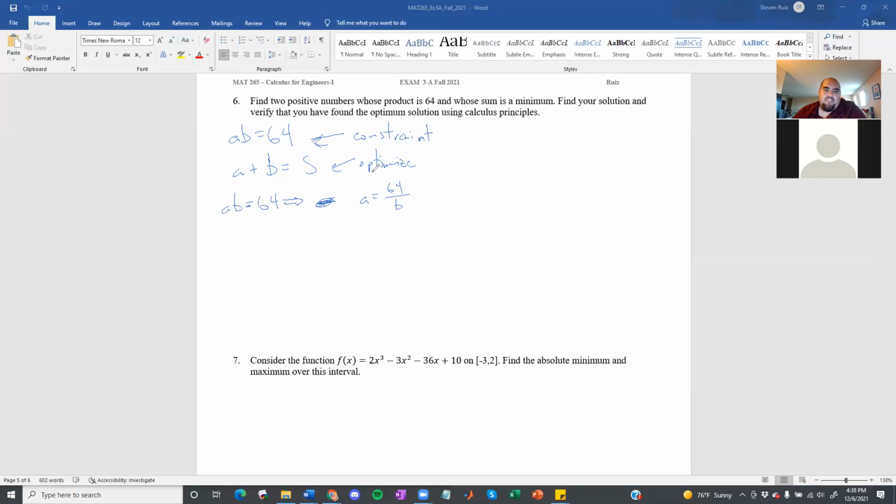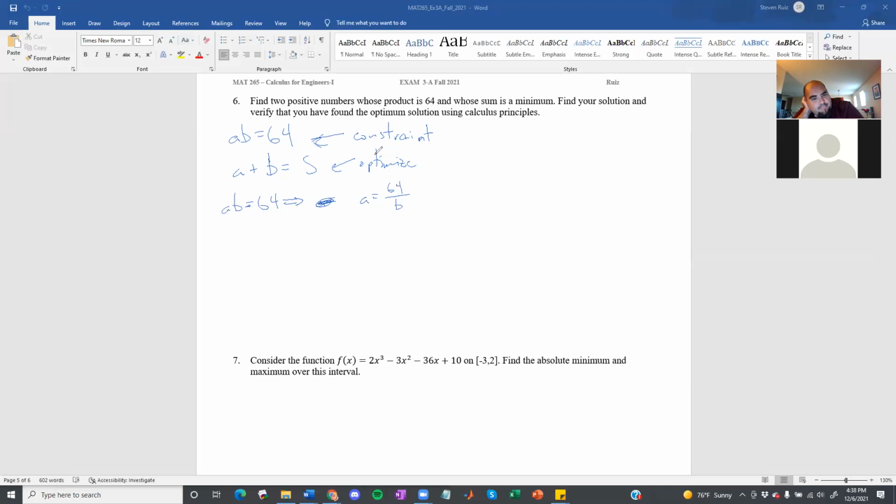Oh, okay. And remember, you're trying to optimize something. In this case, you're trying to find a minimum. Sometimes you're trying to find a maximum. But if you're trying to find the minimum or the maximum of a function, what do you have to do to that function?